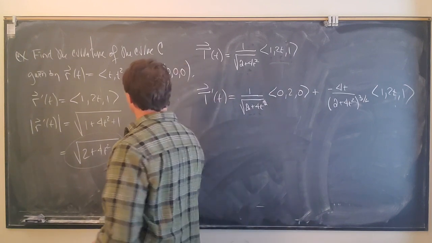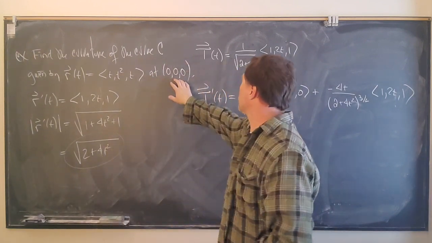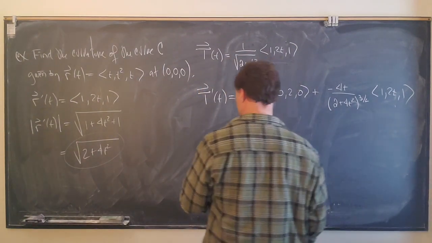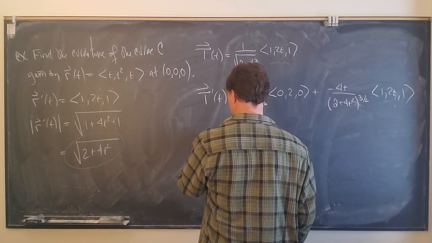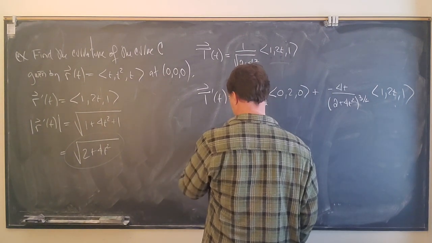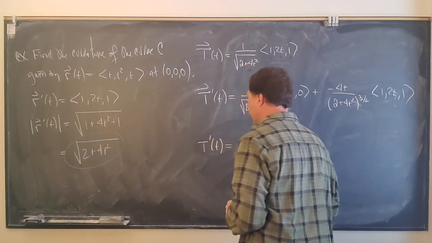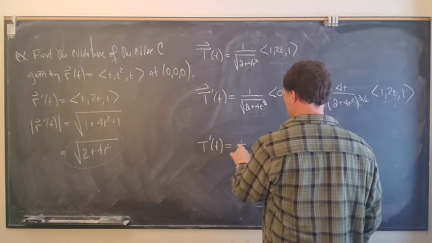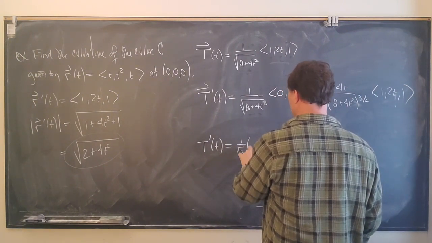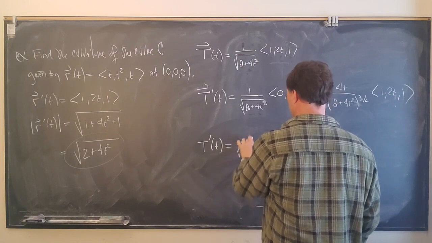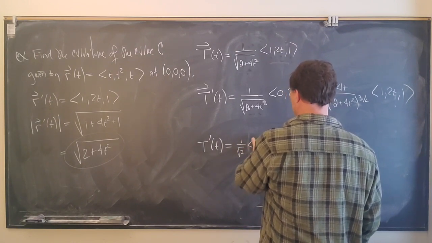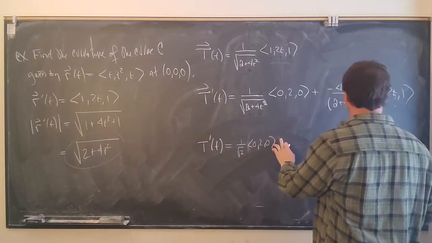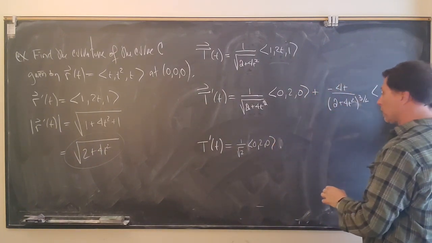Okay, so now we want the curvature at the point 0, 0, 0, which corresponds to when t equals 0. So T prime of 0 is equal to, I'm going to plug in a 0 here. This is going to give me 1 over root 2 times the vector (0, 2, 0), plus, actually this gives me a 0, so that's gone.